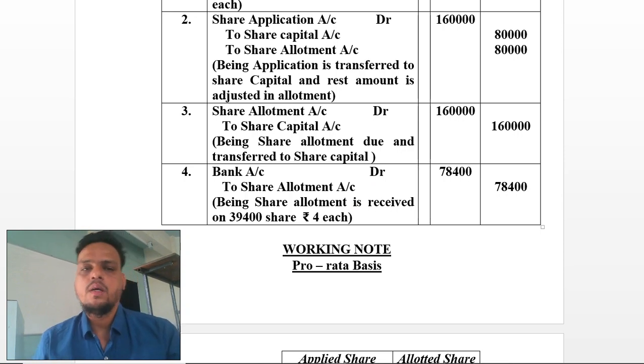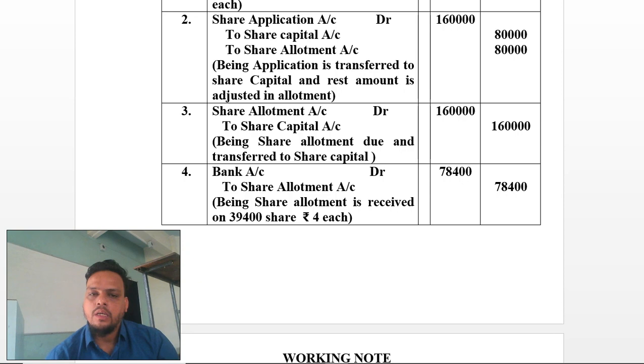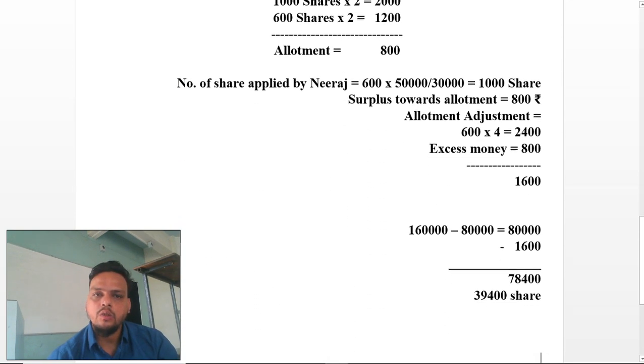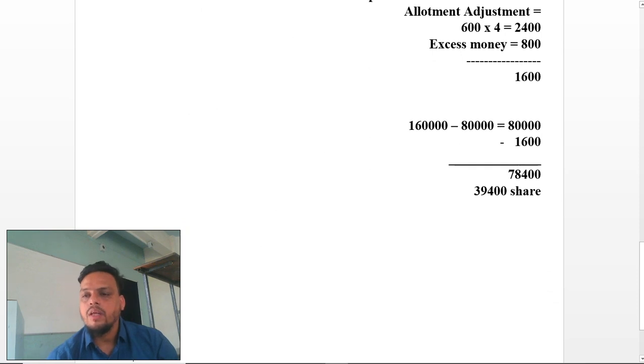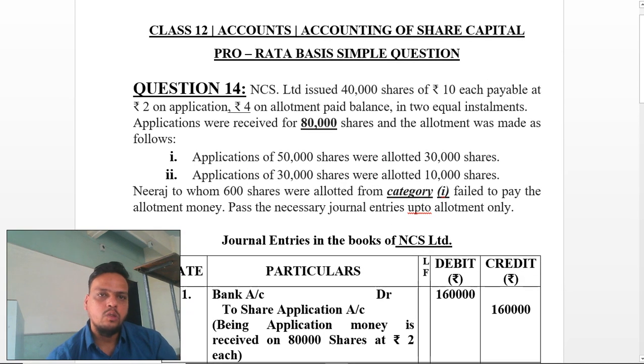Bracket close. It has been clearly said that 600 shares have not paid and it is in calls in arrears. These are the basic entries for pro rata. We have to be more careful on the working note, and it has to be very clear with the terms. So it is an easy concept, but you need to work on it.